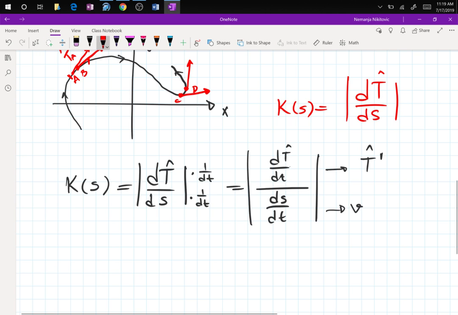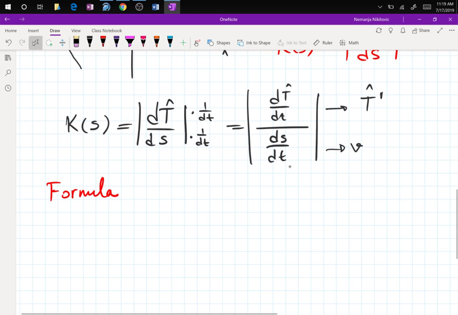So as a formula, you will have this now. Kappa of t is given as the magnitude of T hat prime, so the derivative of the unit tangent vector, divided by the magnitude of r prime of t.